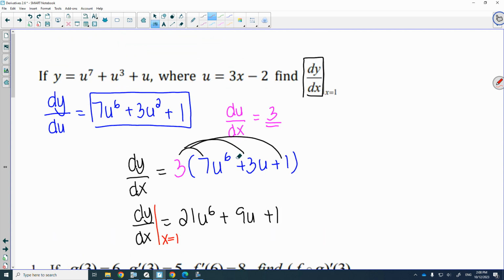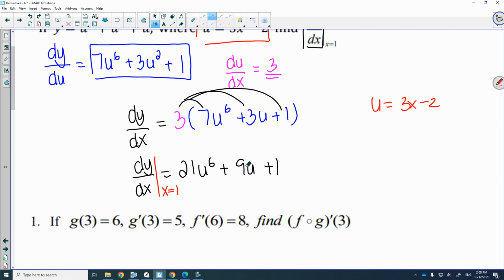So if I want, I could find the value of u. So u is equal to 3x minus 2. I could, again, put 3x minus 2 here to the power 6, 3x minus 2 here. But then I'm just going to be plugging in when x is 1. So what is u going to be equal to when x is 1? 3 times 1 minus 2.